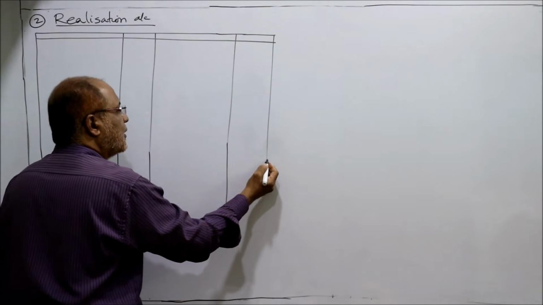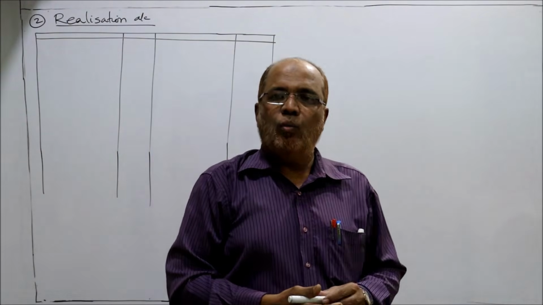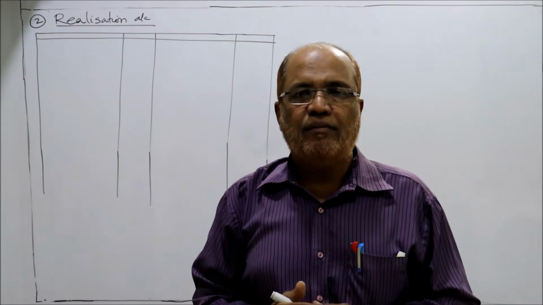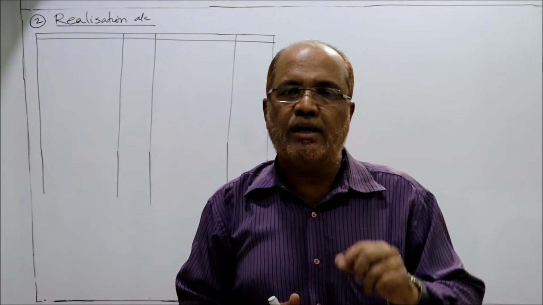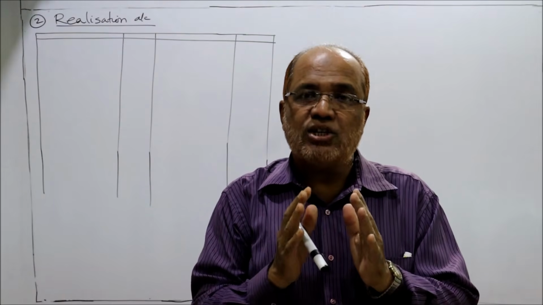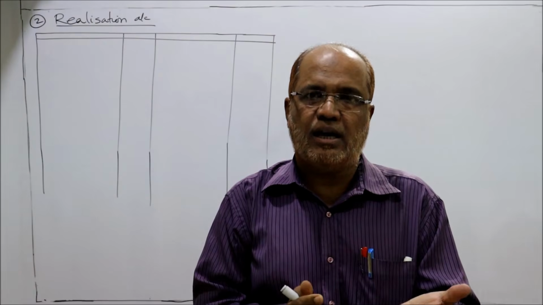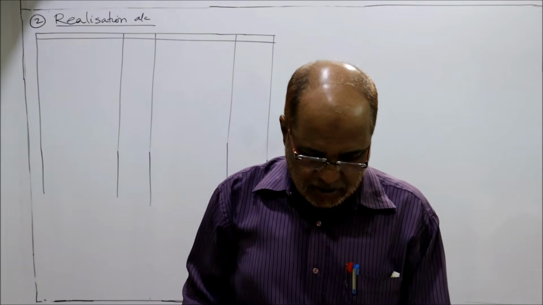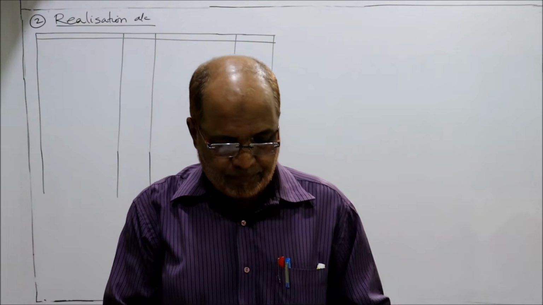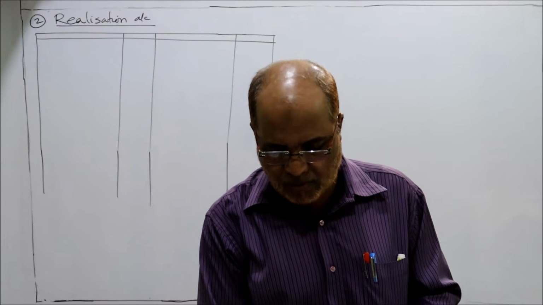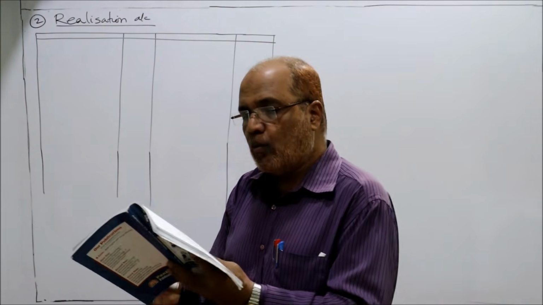Now see, while passing the first entry, we have discussed realization account debit to all assets individually. Cash and bank balance should not be transferred to realization because already it is realized. It is hard cash. So except cash and bank, we transfer all assets to realization. What are the assets?